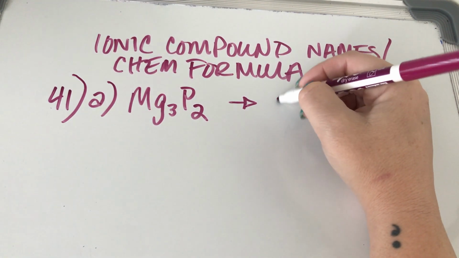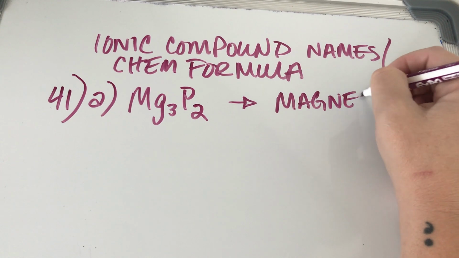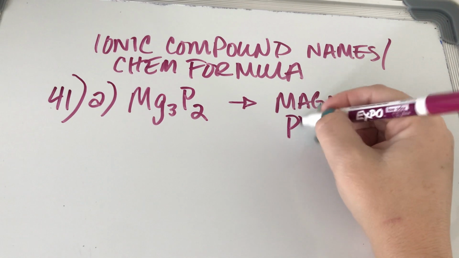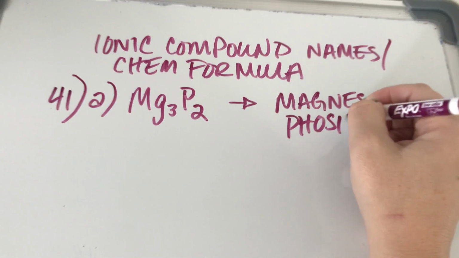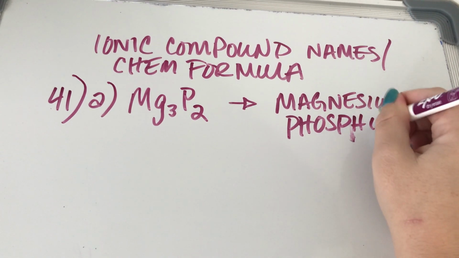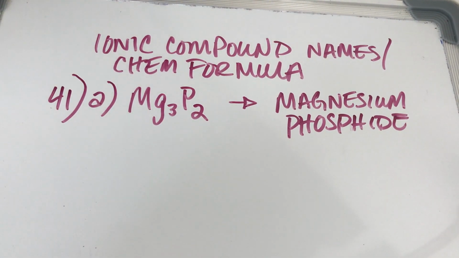So magnesium is going to be our first part. And then what's our anion name? Phosphide. And that's it.